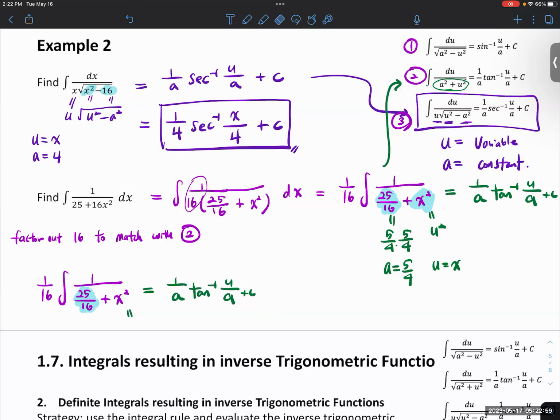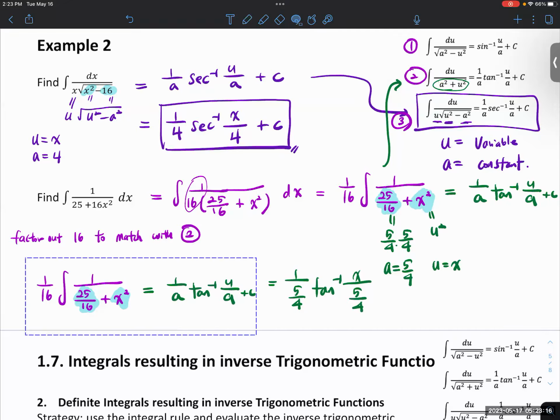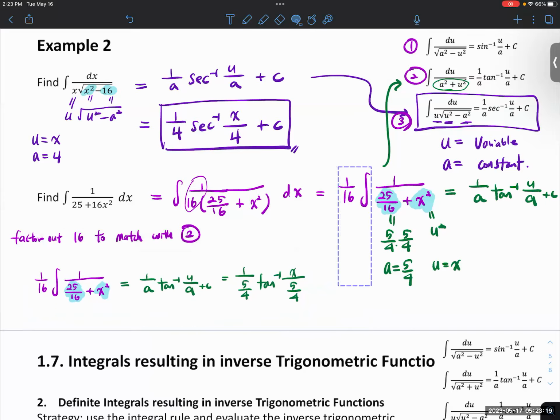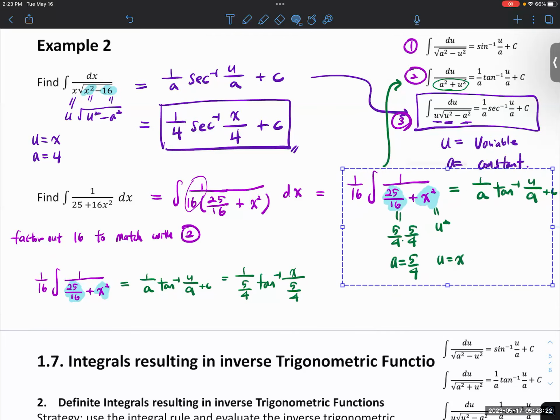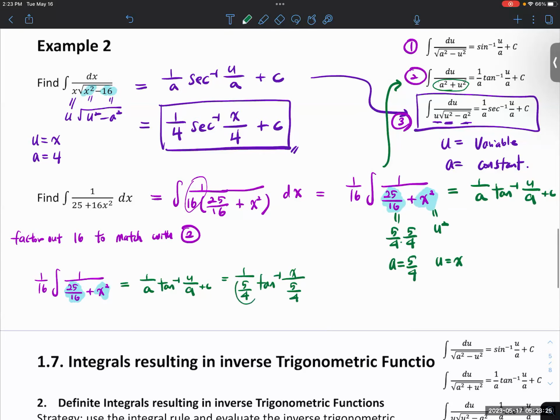So we have a is 5 over 4, tangent inverse, u is x over 5 over 4. So I'm going to simplify a little bit. So it is going to be 4 over 5 tangent inverse of 4 over 5 x plus c.